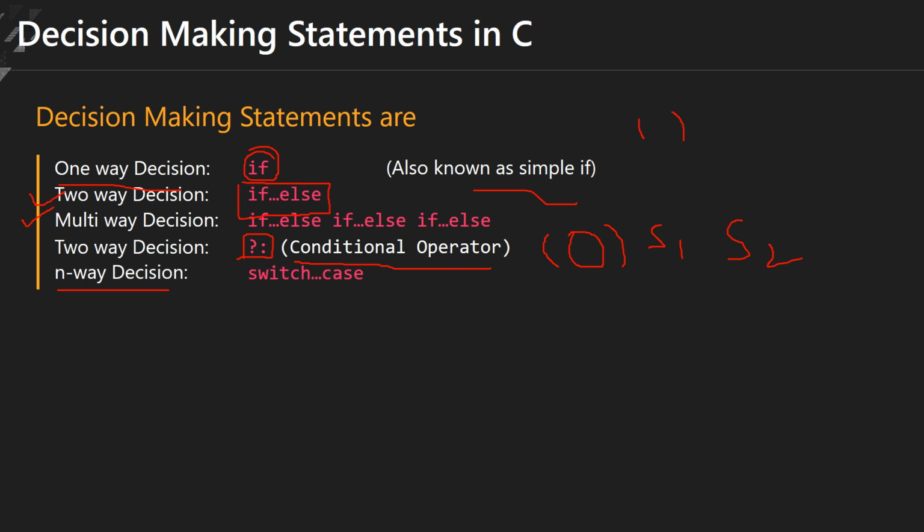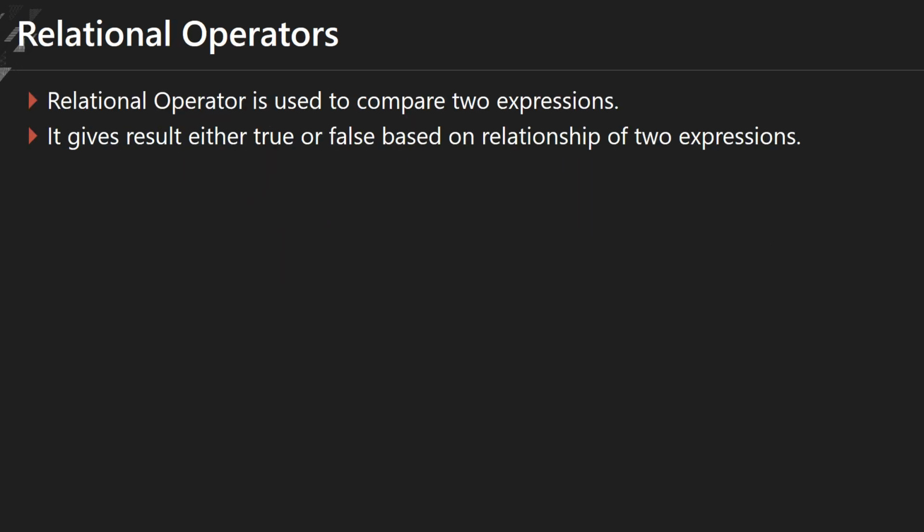The user decides based on his expression or input, and executes the particular case. So these are the different decision making statements in C. We can discuss them one after the other. Okay, let us move to the detail.